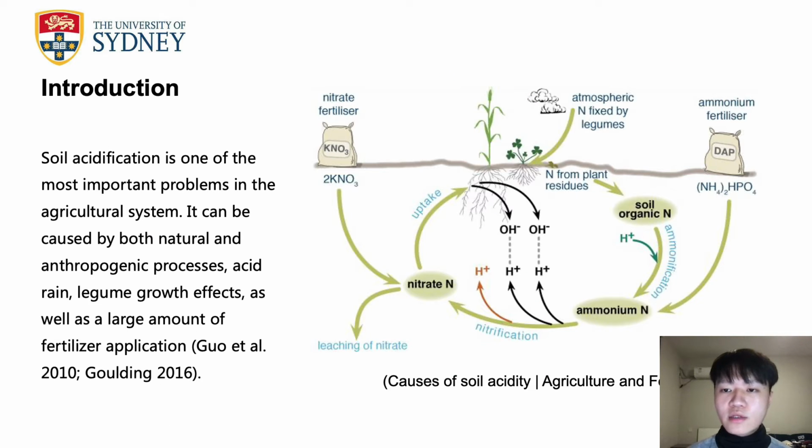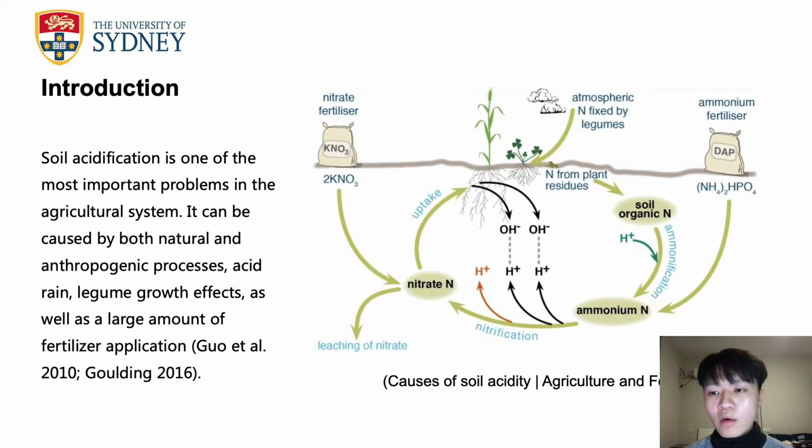However, acid soil will affect this function. Soil acidification is one of the most important problems in the agriculture system. It can be caused by both natural and anthropogenic processes: acid rain, legume growth effects, and a large amount of fertilizer application.